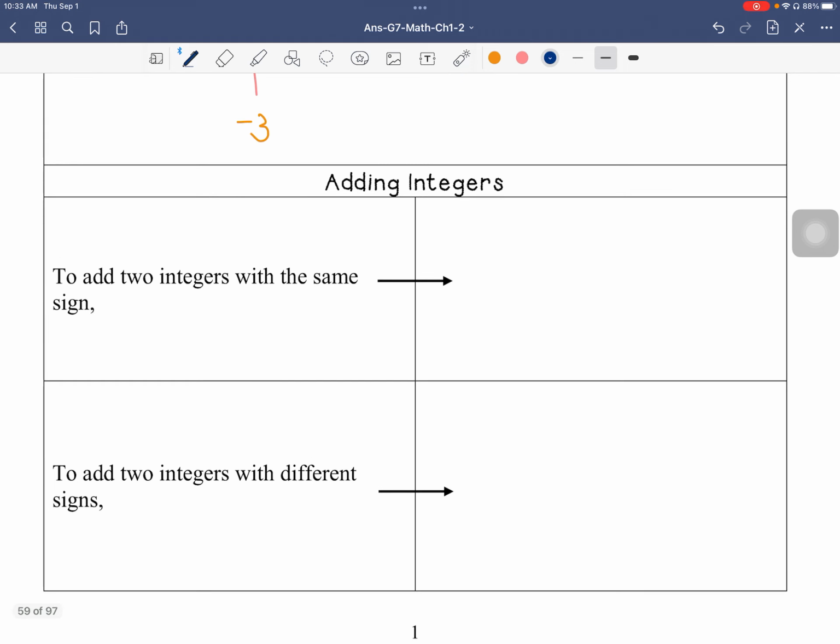So let's talk about adding integers. To add two integers with the same sign, we have to find the sum of their absolute values. So we want to use the sign of the two integers.